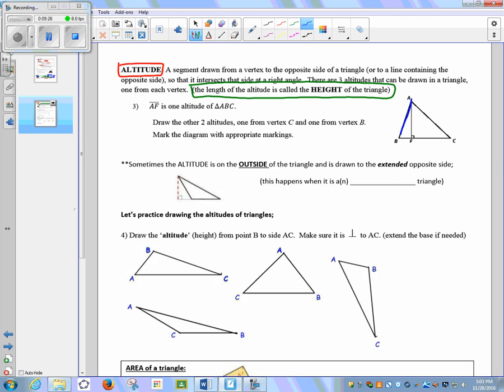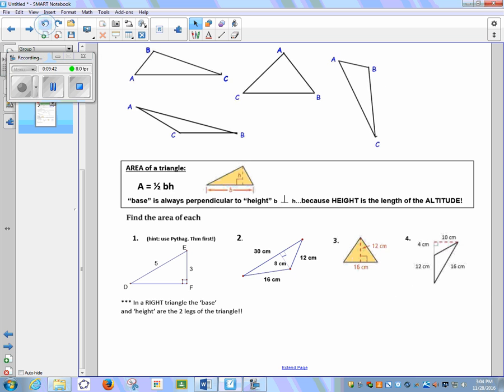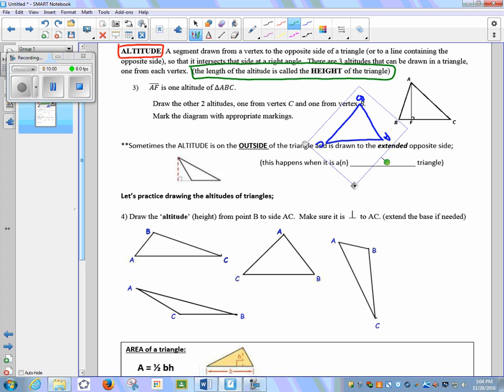So if I trace this, it is A and B and C. If I rotate this, now I've got AC along the bottom. Here I had BC along the bottom. Now I've got AC along the bottom.